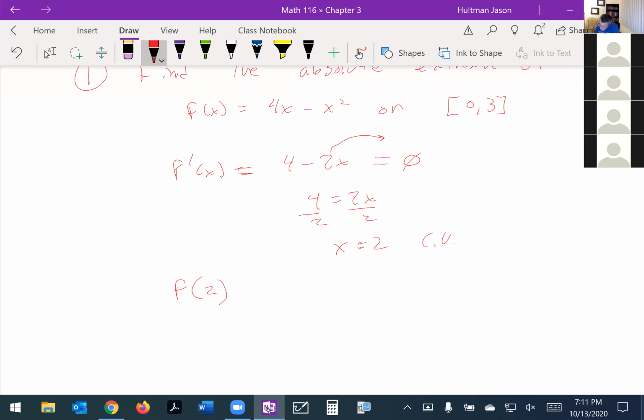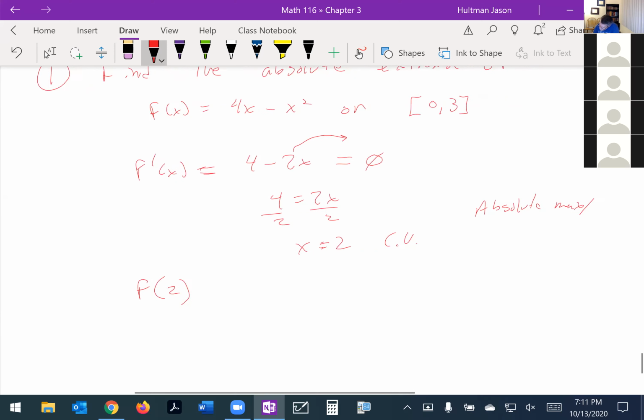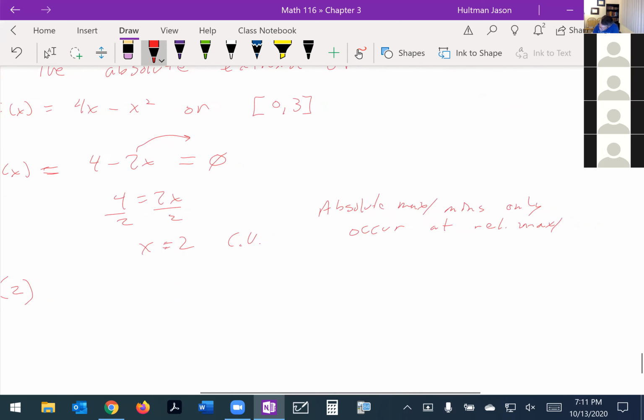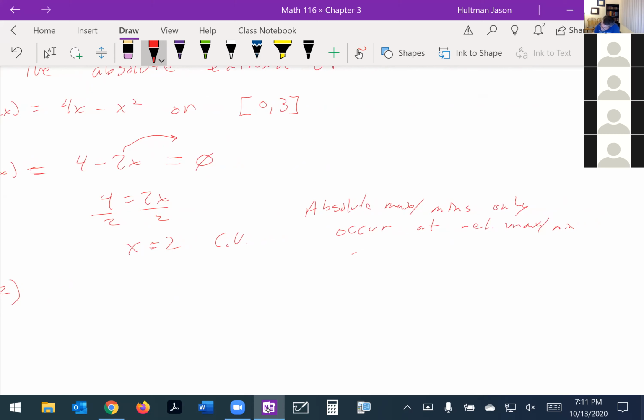Is it going to be the absolute highest value or the absolute lowest value? I'll say this: absolute maxes and mins only occur at relative maxes and mins or at the endpoints.